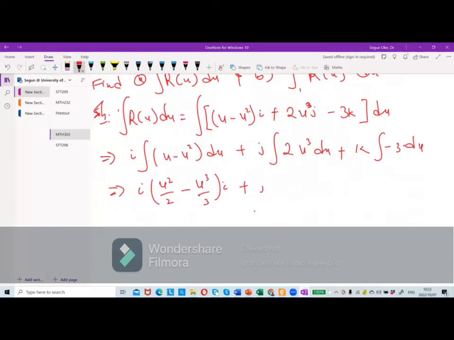Since we have started integrating, you have 2u raised to power 4 over 4, j, minus 3uk. Everything plus what? C.